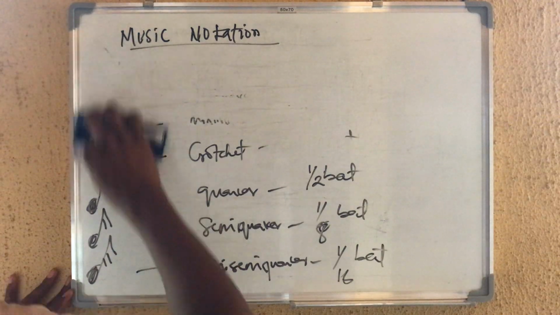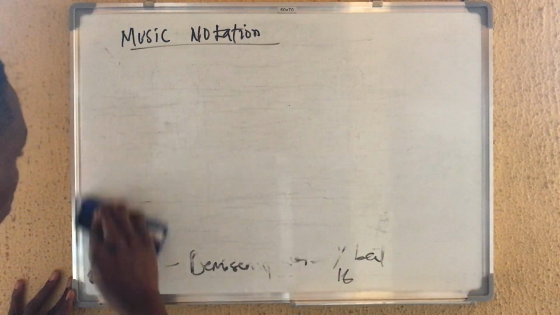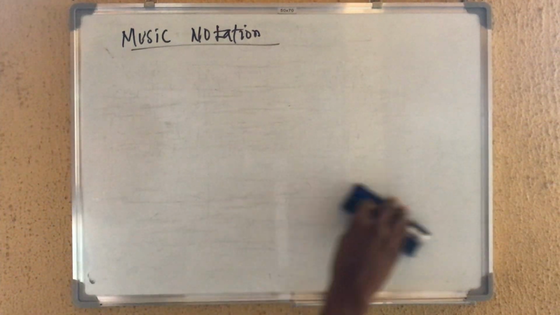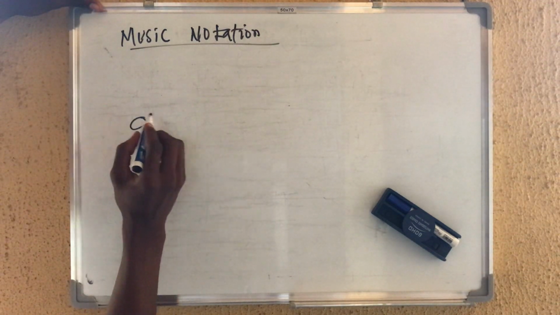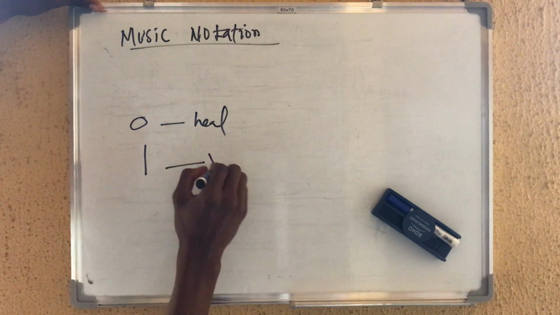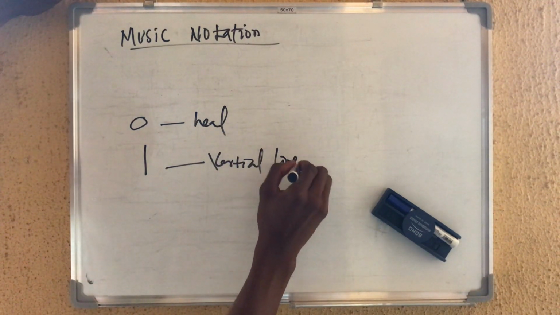Okay? So we have this. This is the head. This is a vertical line.